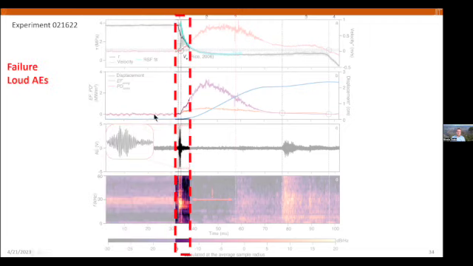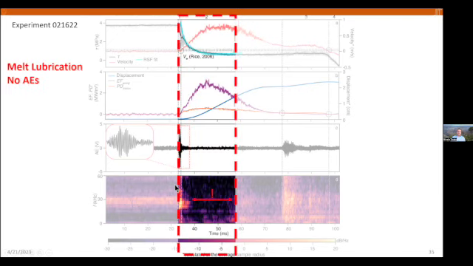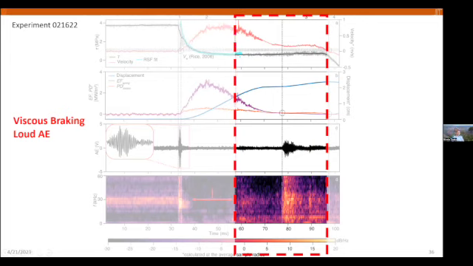Then we do have the dynamic rupture, right, where we have a lot of acoustic emissions. And then we do have a phase where probably our sample is completely lubricated, right, in here, where the velocity eventually stabilizes, right? And then we have a part where we think we have viscous braking. And here again, we do have loud acoustic emission.